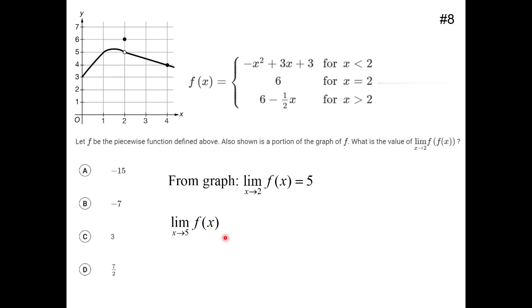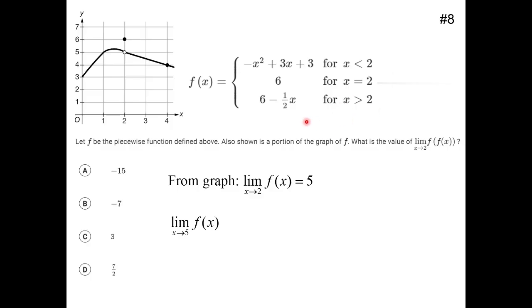So for that, we could look at the graph, except that the graph doesn't actually show us what's going on with 5. It's probably going to be close to 3. There's just the way this slope is going. We don't know for sure. So to do this, we have to actually use the algebraic part here, the piecewise function. Now 5 is not a border value. The only border value was 2.